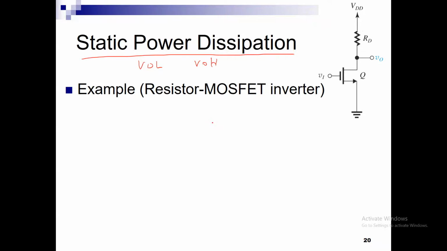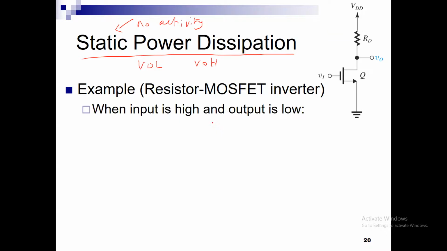I'm not doing any operation. My phone has done some functions and now its inputs have settled. How much power is it draining when there is no activity? This is the static power dissipation. Typically, when there is no activity and no transients, we study it at DC.